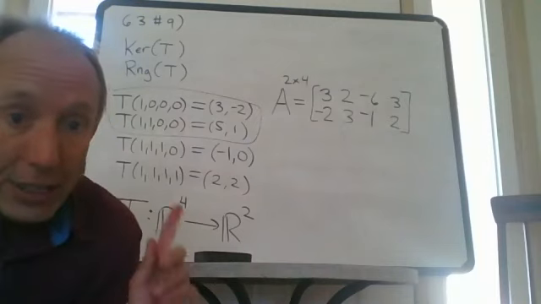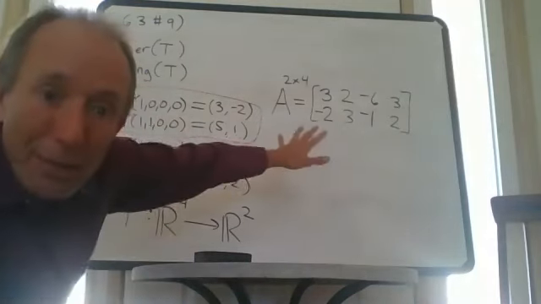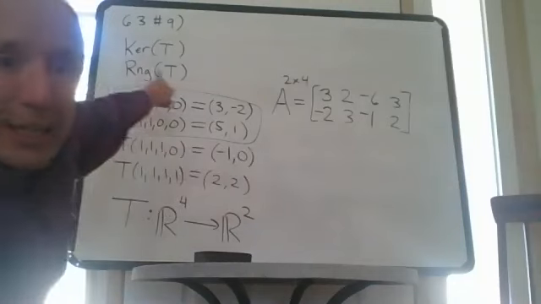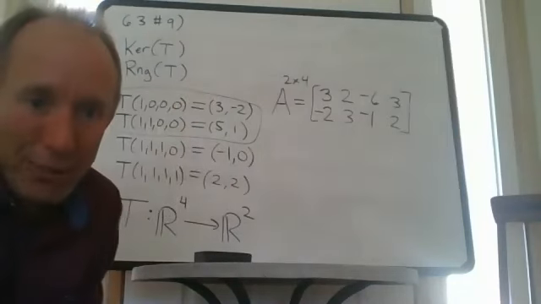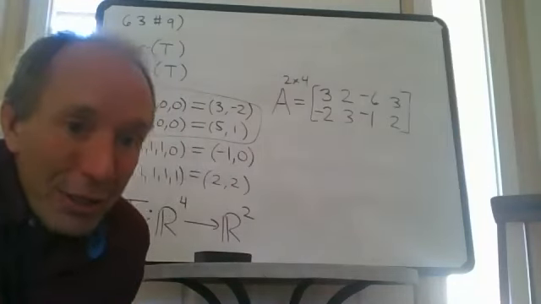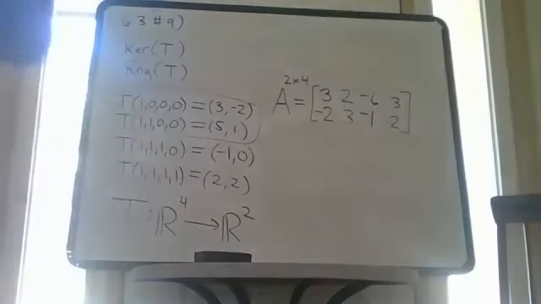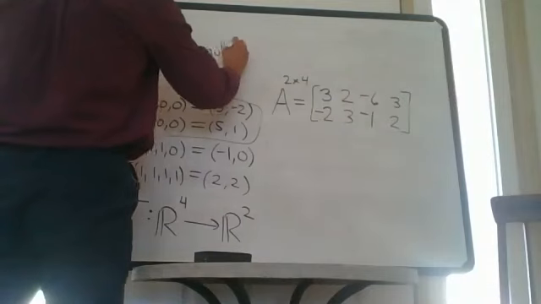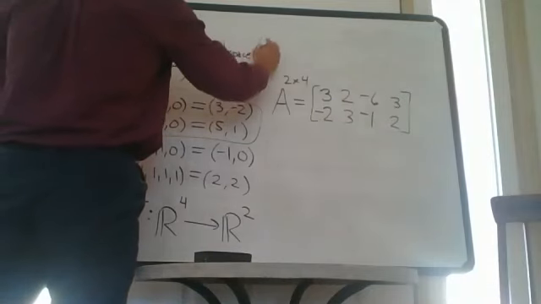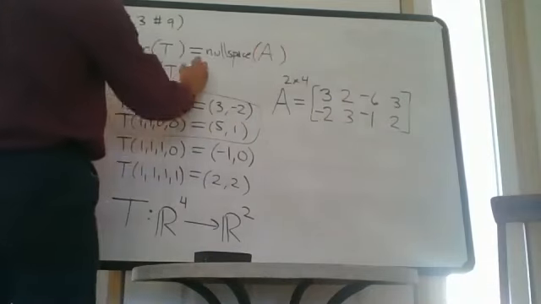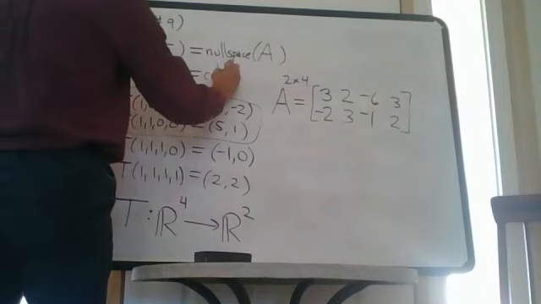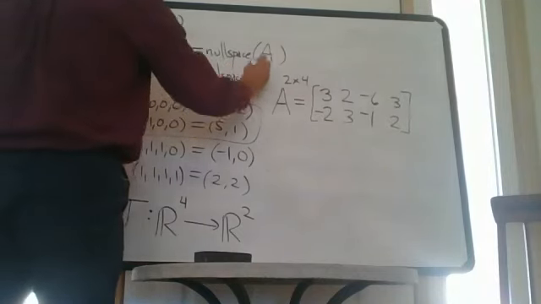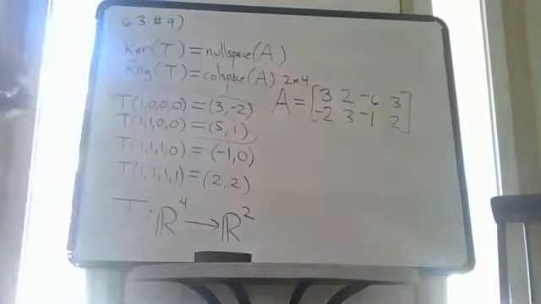But in this case, when you do have a matrix that represents your transformation, it's easy to get the kernel and the range. If you watched my videos, which I hope you did, you already know that the kernel of T is just the null space of the matrix. And the range of T is just the column space of the matrix.